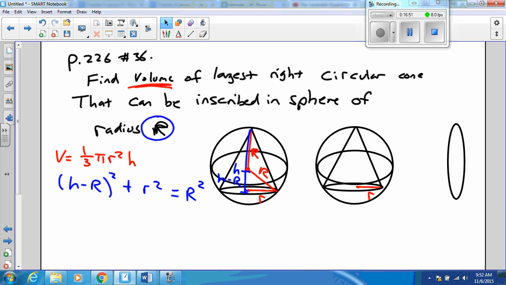Does everybody see this h minus r right here? This (h minus r) squared, which I'm going to have to multiply out and all that, suggests that maybe I didn't pick the right variable.